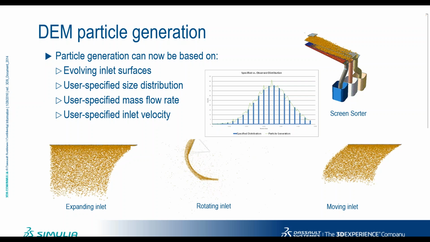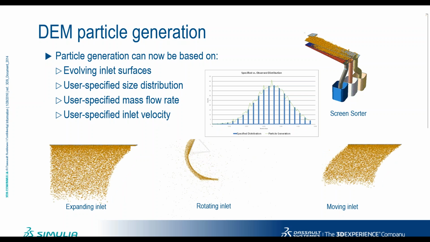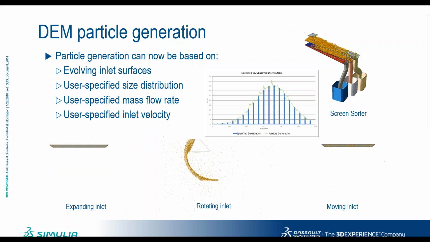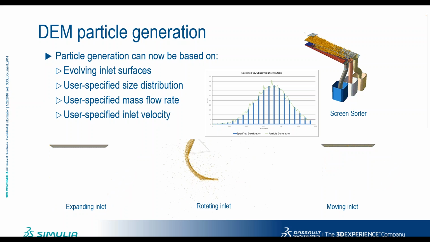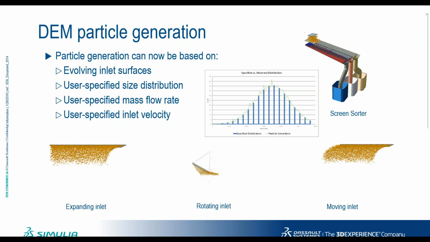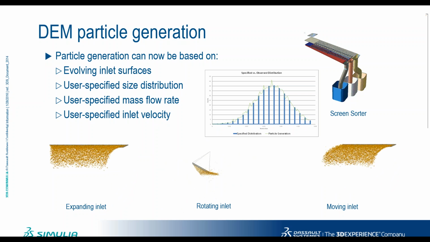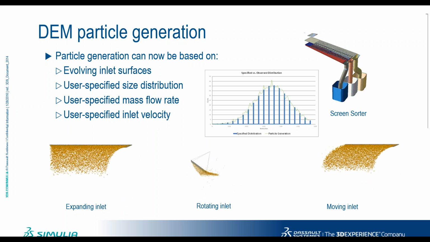Similarly, the discrete element method has new improved options. You can add rotating, expanding, or moving inlets, which is a big improvement. If you were using discrete elements, you probably were looking for these additions.